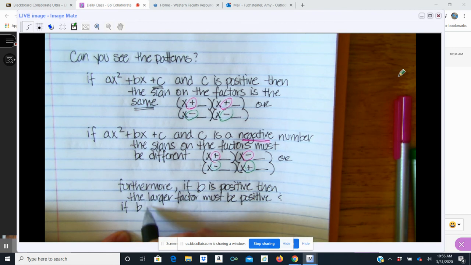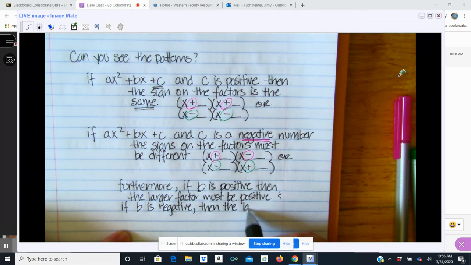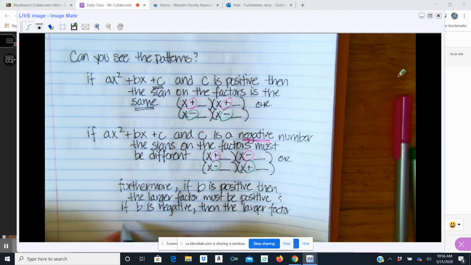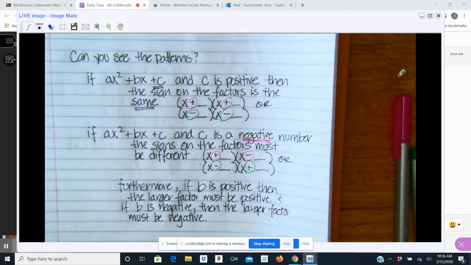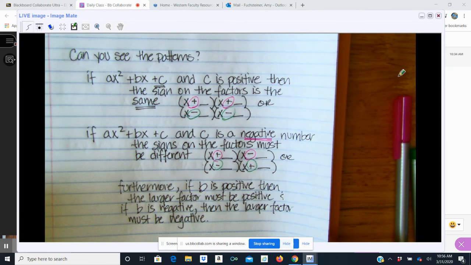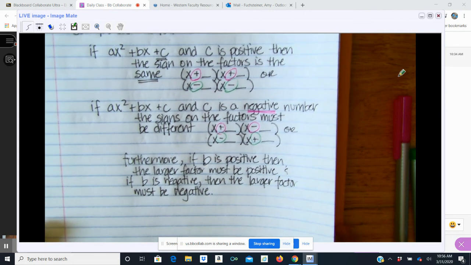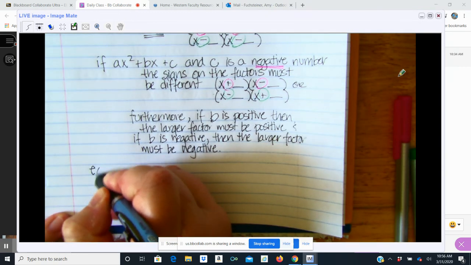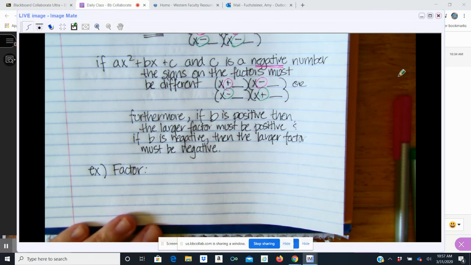And if b is negative, the larger of the factors must be negative. This bit?